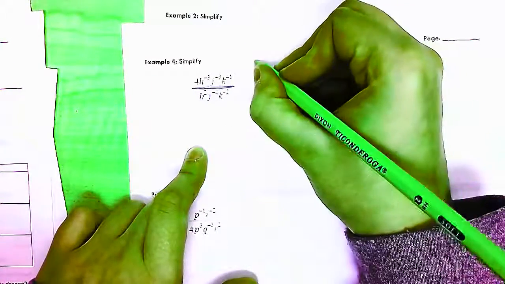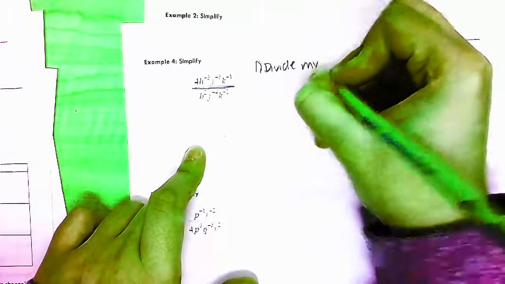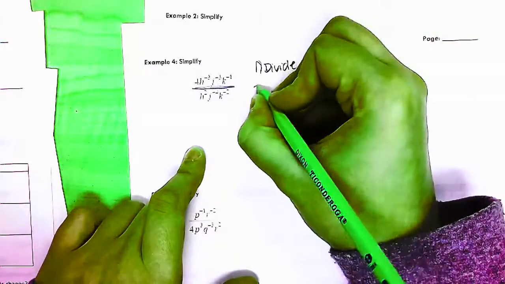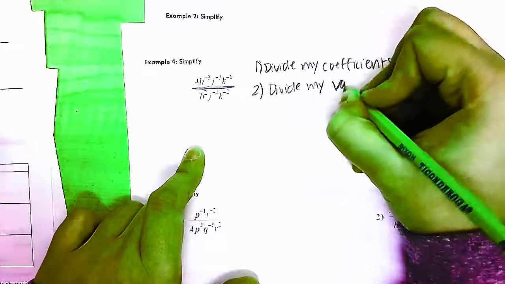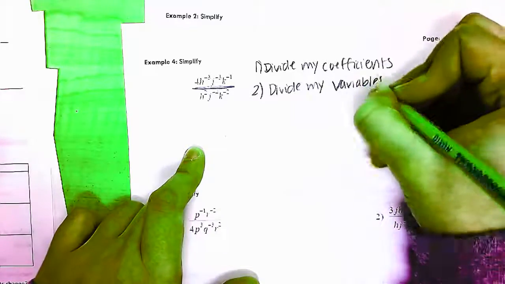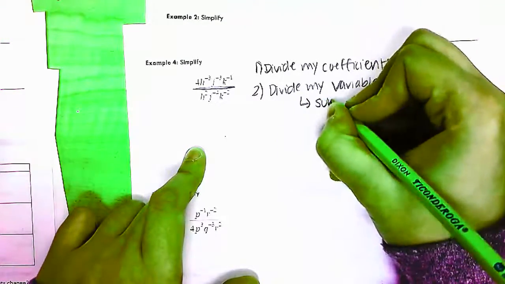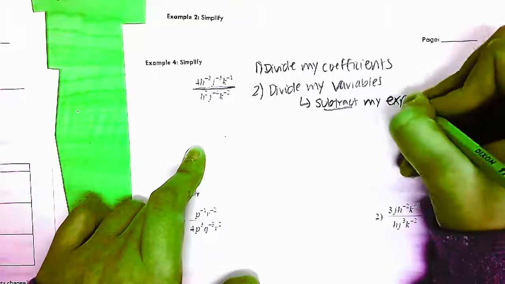Number 1, instead of multiplying my coefficients, I'm going to divide my coefficients. And then step 2, I'm going to divide my variables. And what did I just learn today? When I divide my variables, that means I have to subtract my exponents.